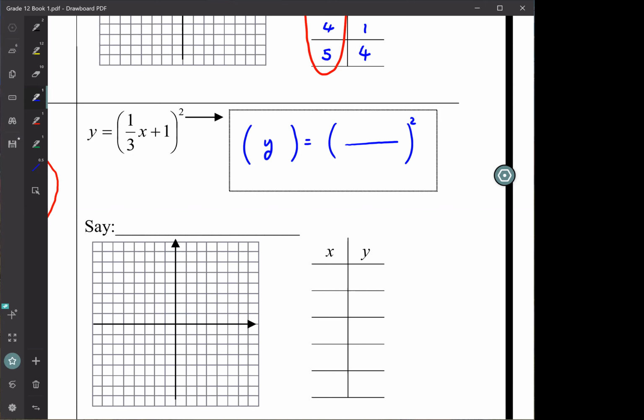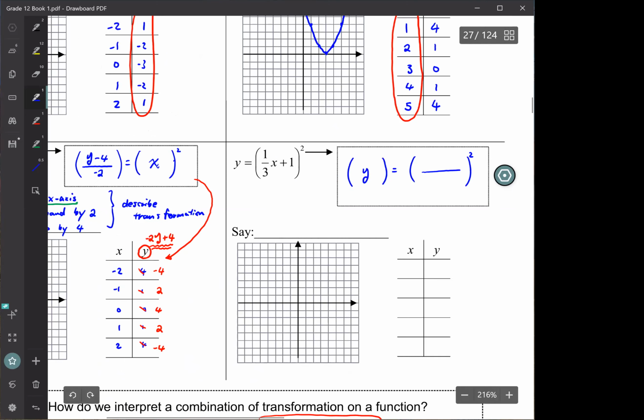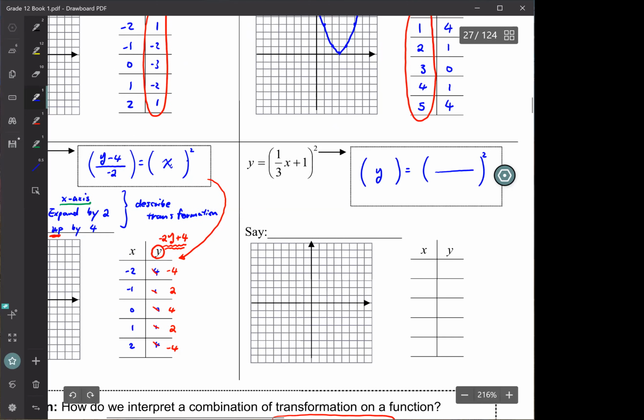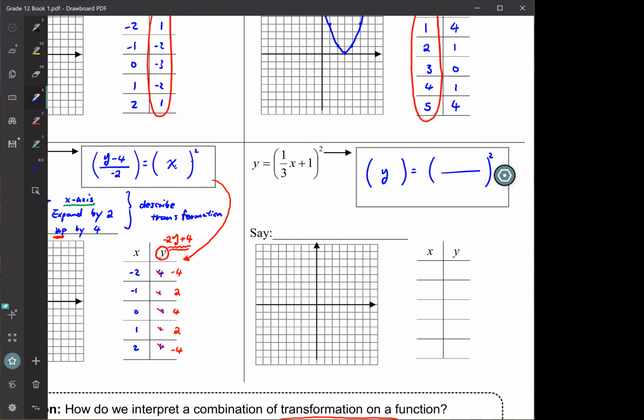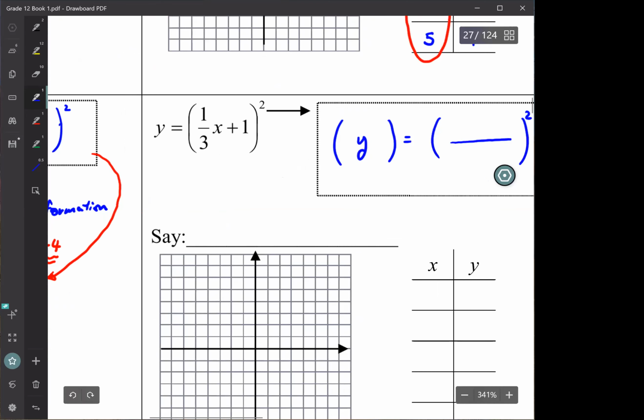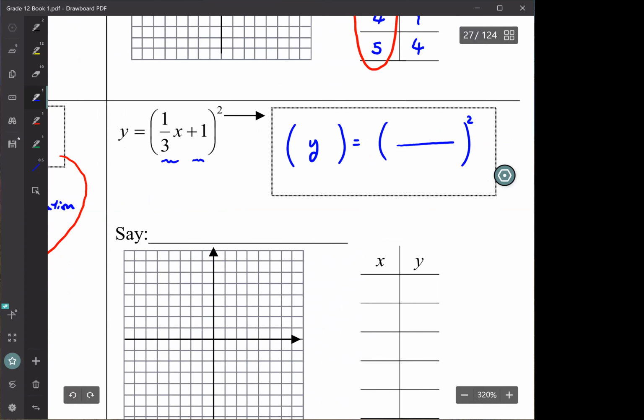How do I make it into a single fraction? Compare with the form on the left side, right? It needs to be a single fraction. But right now inside we have two things. How can I make it together?